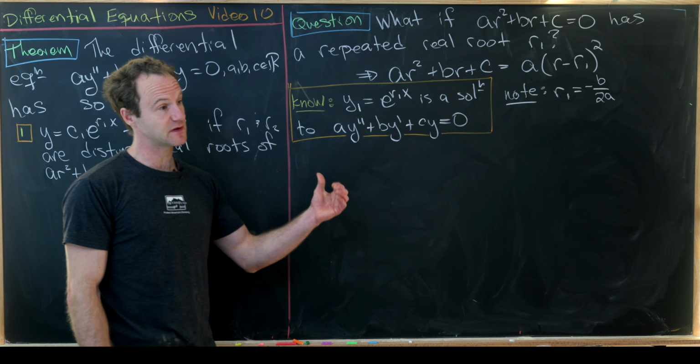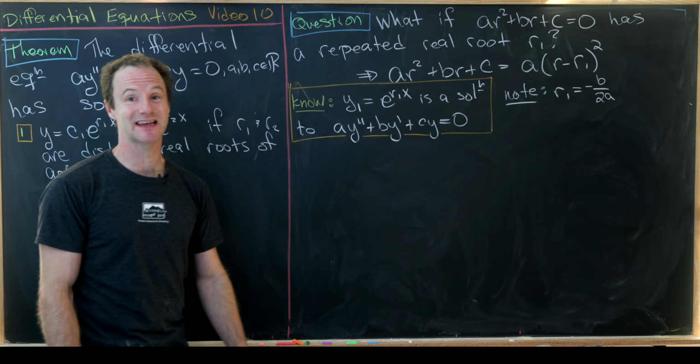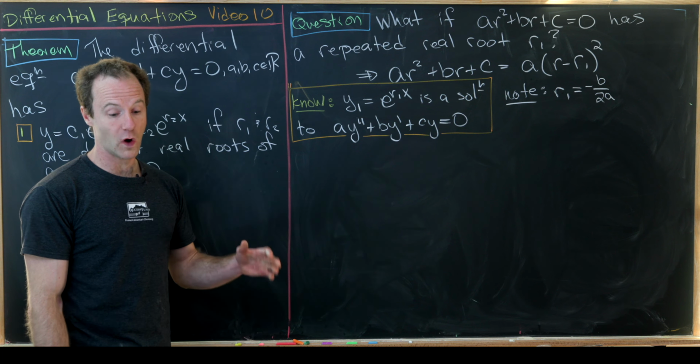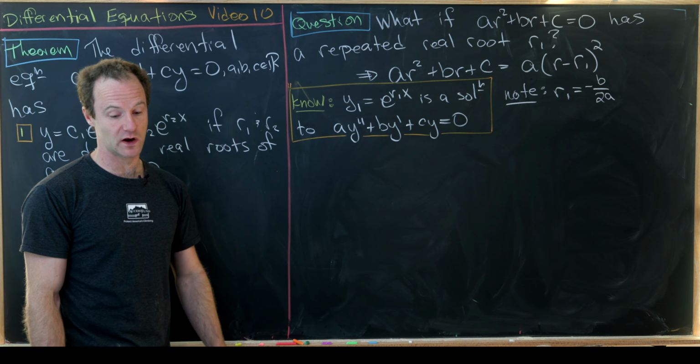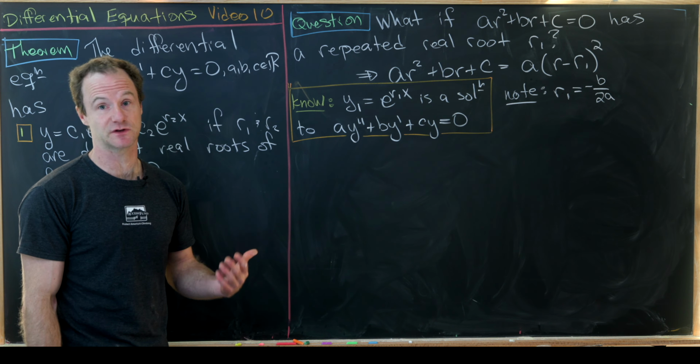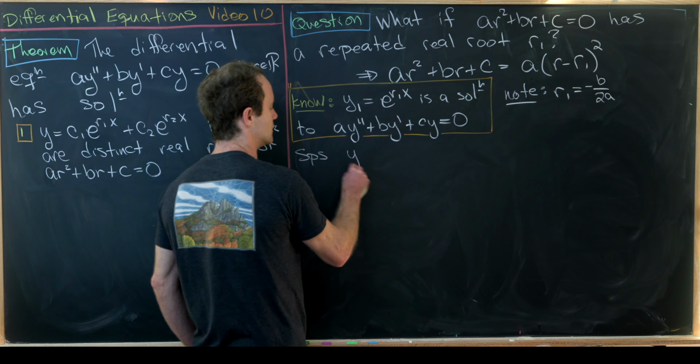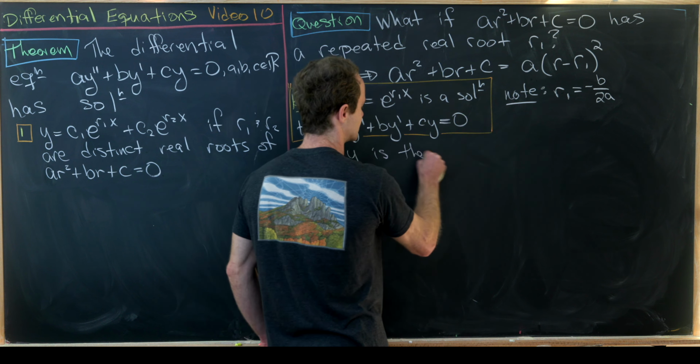Well, we can do something that we did in the previous video, and that is calculate the Wronskian two different ways. One way is by the definition, and one way is by Abel's formula for the Wronskian. Okay, so now let's suppose y is the other solution.